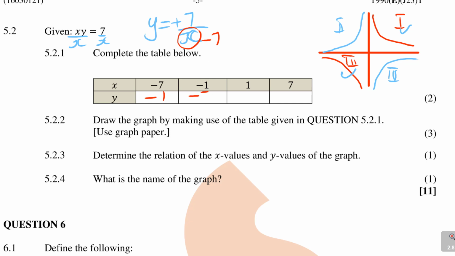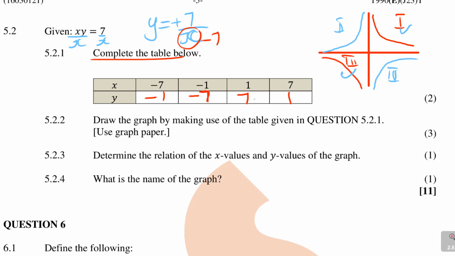It's going to be -7. Check with the calculator. I'm checking. Yes, you're right. And then when x is 1, 7 over 1, it's going to be 7. And then when x is 7, it gives me 1.